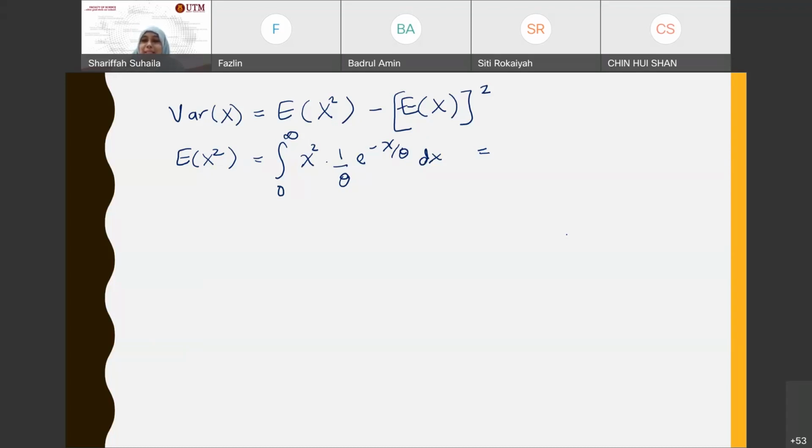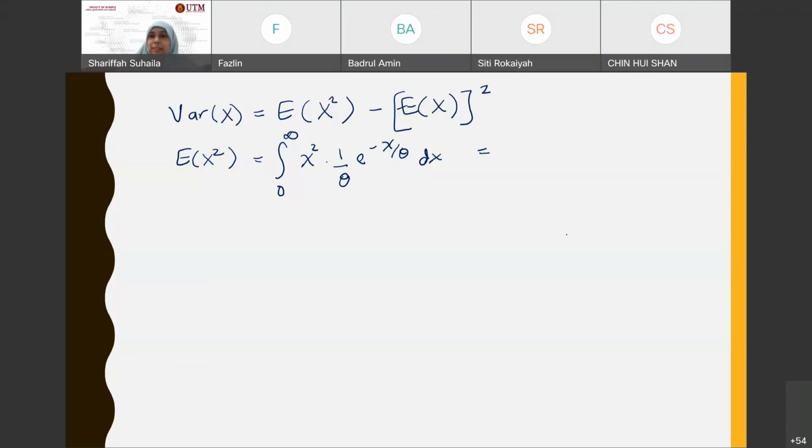Again, I already mentioned there are 2 types of writing the exponential distribution. This one is 1 over theta exponential negative x over theta. The other one is theta exponential negative theta x. So it's quite different.